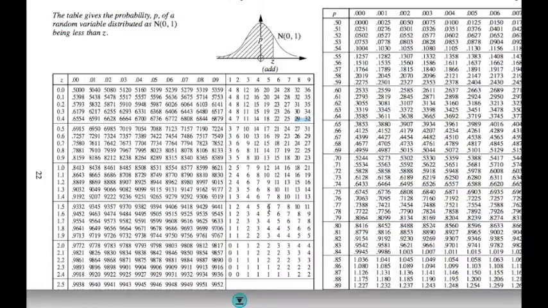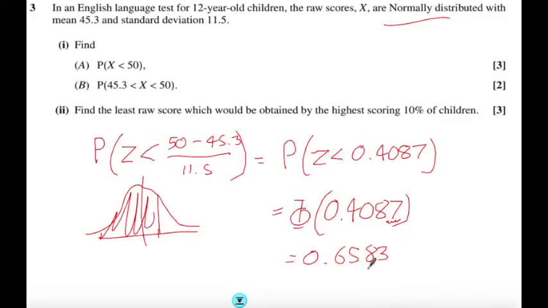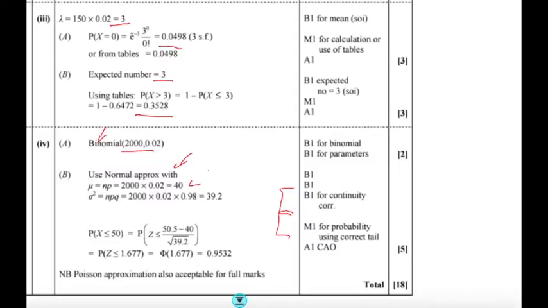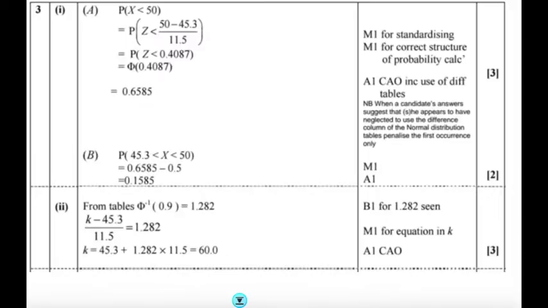So if we find 7/10 of 3, which is 2.1, that means we've got to go along. So the nearest integer to 2.1 is 2, so we'd go along another 2, which would mean this will be 0.6585. I'm just going to double check that, because it usually depends which way the wind is blowing over how they like to allocate those marks. Right, so they do have 85.